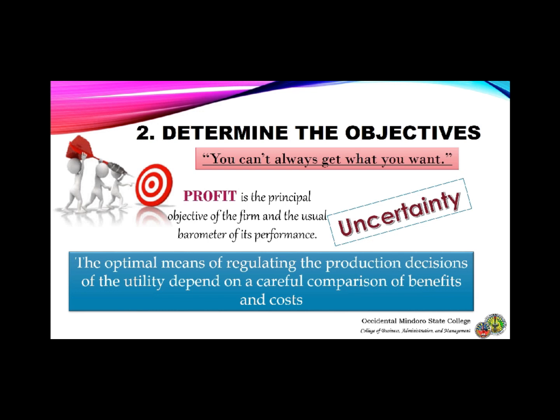Uncertainty poses a second difficulty. In some economic decisions, risks are minimal. For instance, a fast food chain may know that it can construct a new outlet in 45 days at a cost of 5,000 per square foot.